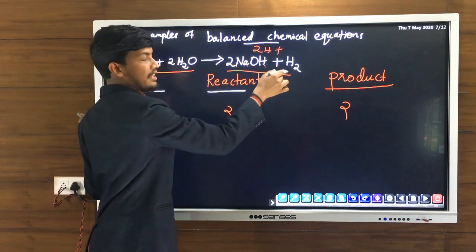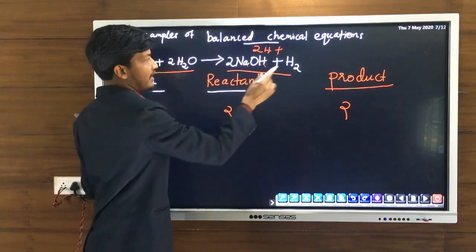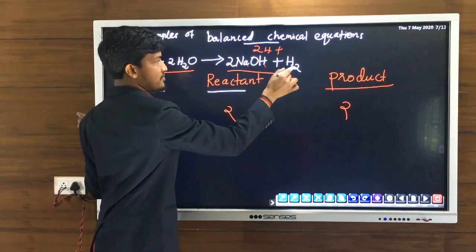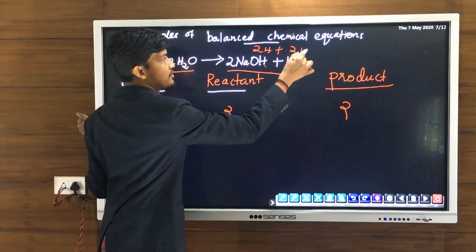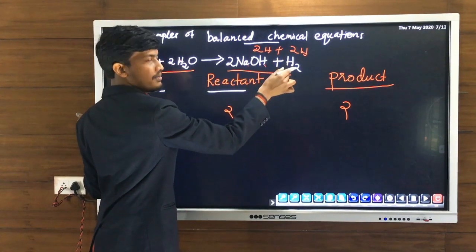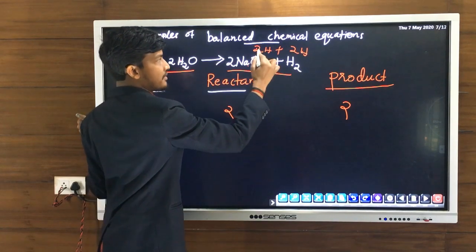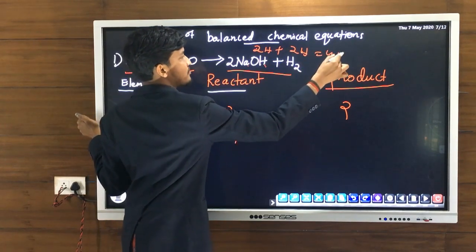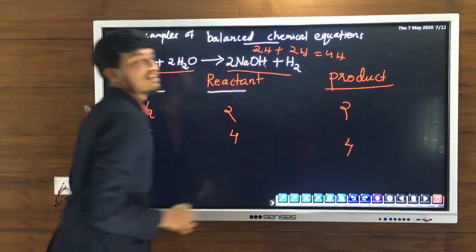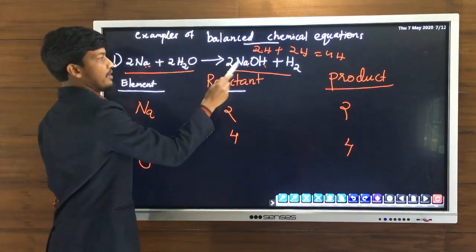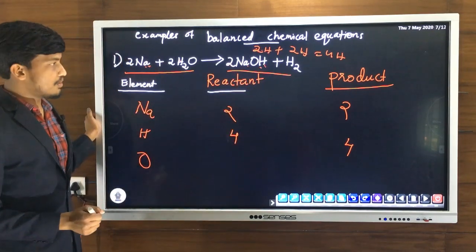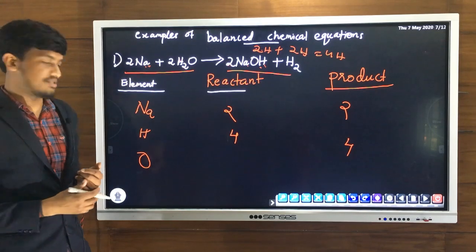Because in the second product also there is hydrogen, H2, with no coefficient, so 2 hydrogen atoms. So 2 plus 2, 4 hydrogen atoms on the right side. So 4 hydrogen atoms on both the sides of the equation.